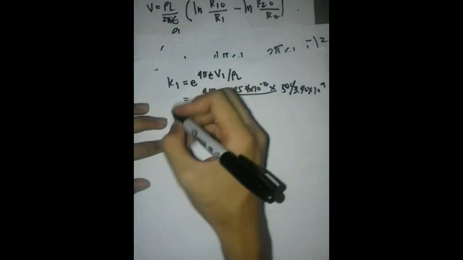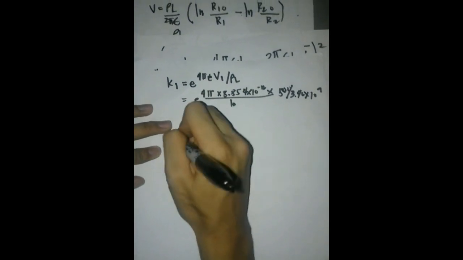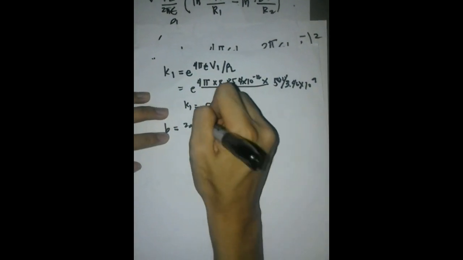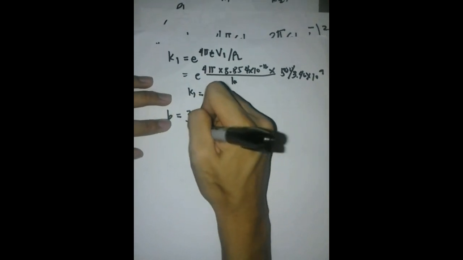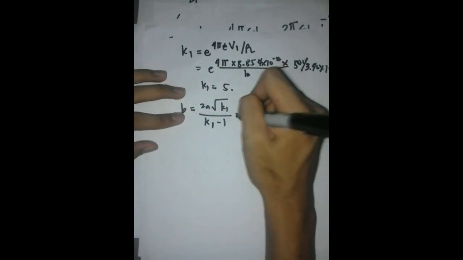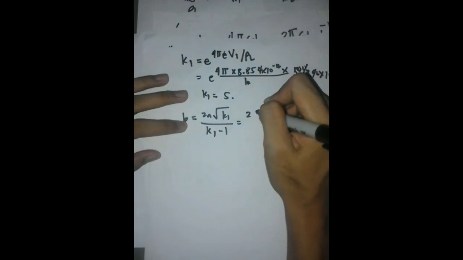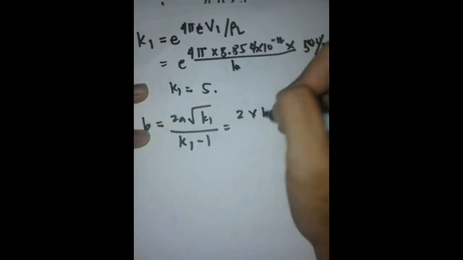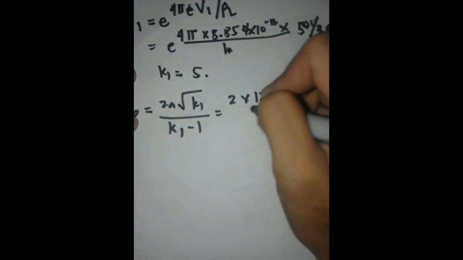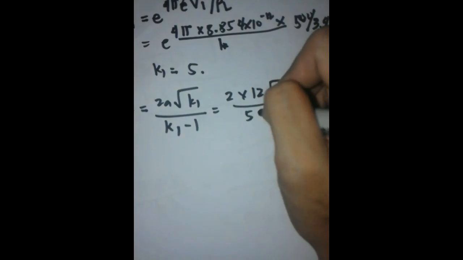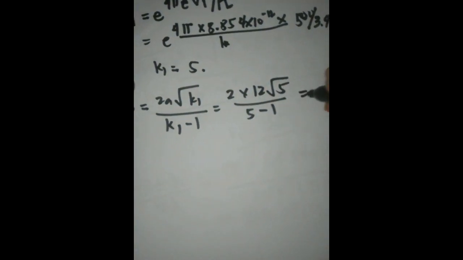Then the new radius is b equal to 2a square root of k sub 1 over k sub 1 minus 1. Substituting the formula, 2 times 12 times square root of 5 over 5 minus 1. Then b equals 13.42 meters.